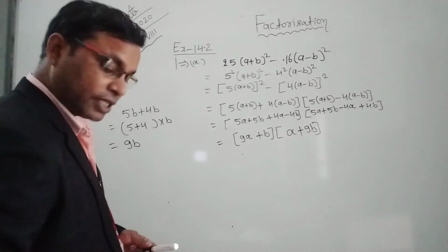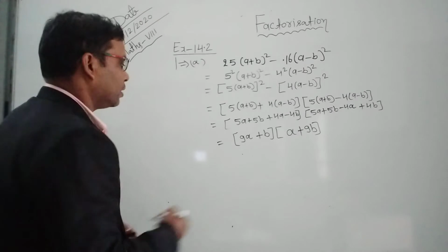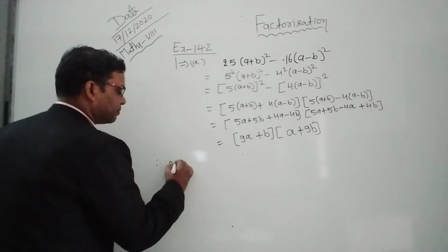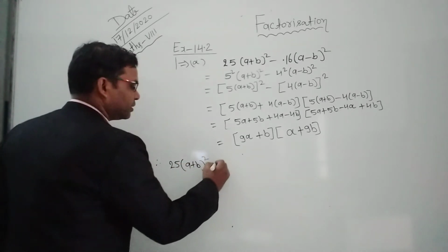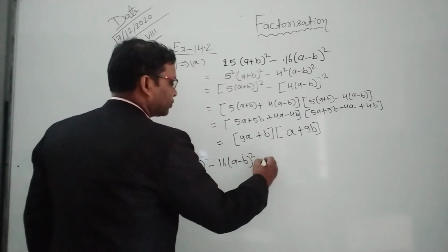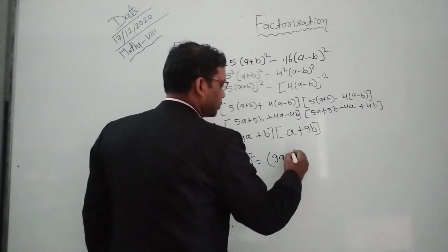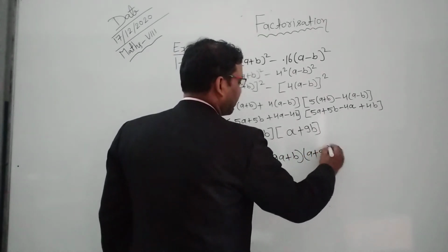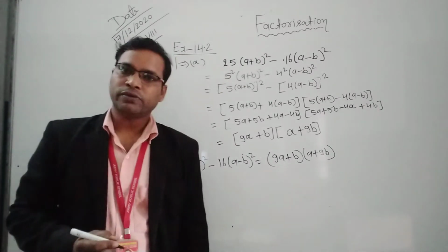So at last you can write here, therefore 25 whole square of a plus b minus 16 whole square of a minus b. This is equal to what? This is equal to, you can write 9a plus b into a plus 9b. Clear? So students, I hope all of you understood.